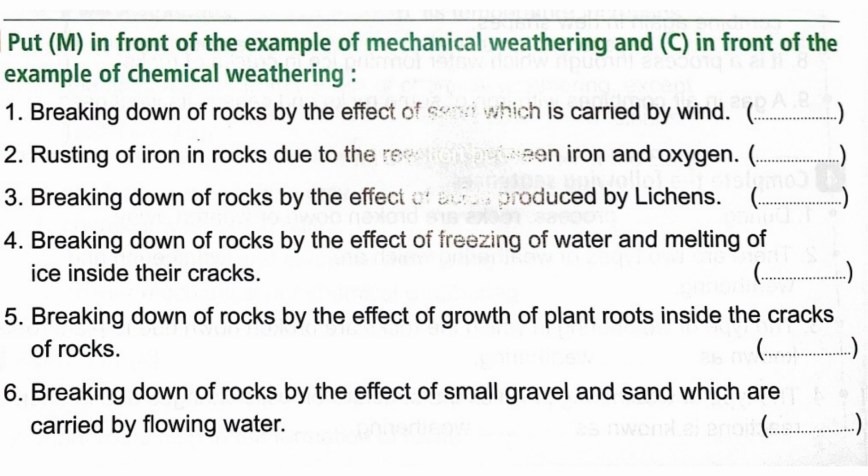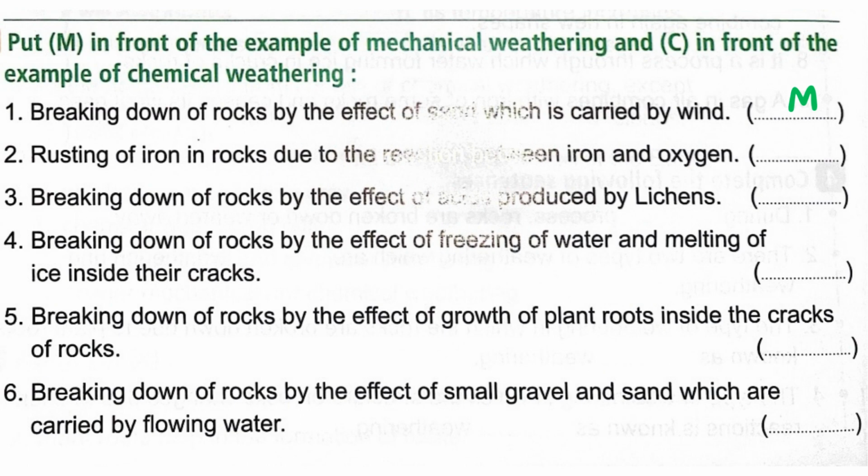So here the weathering happens because of the sand carried by wind. So this is mechanical weathering. And what is the reason? Because this weathering happens due to what? Yes, a physical factor like wind, because there is no formation of a new substance.